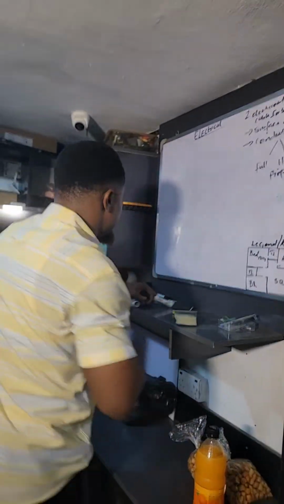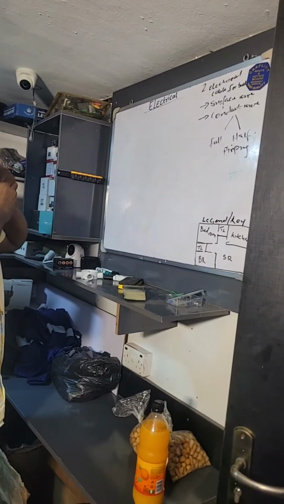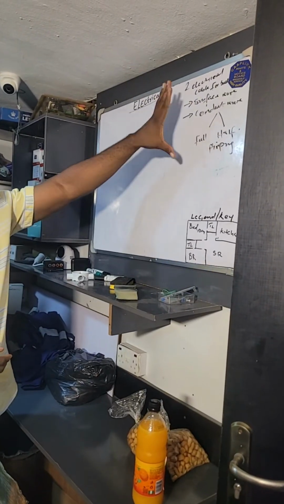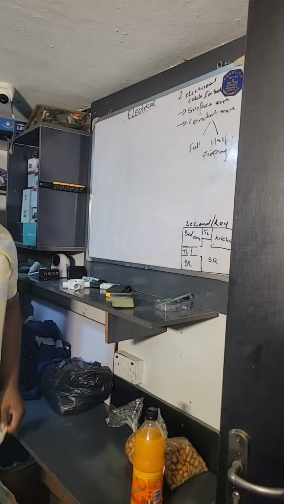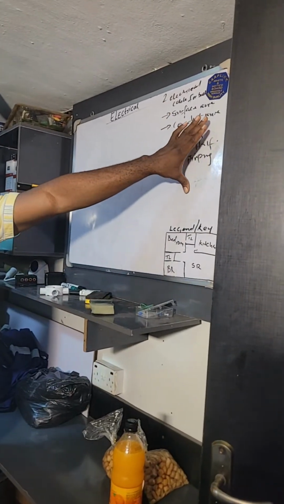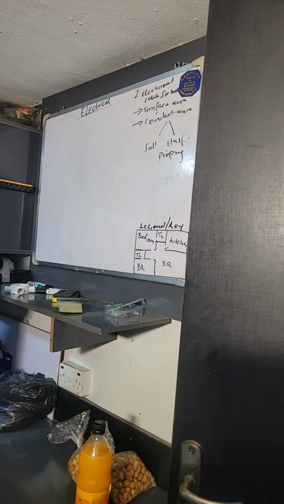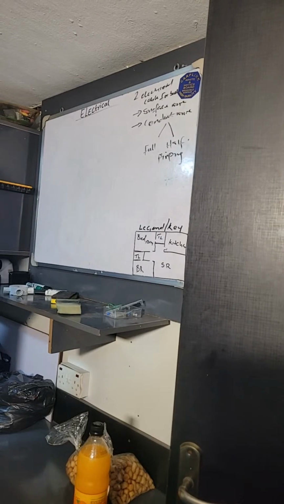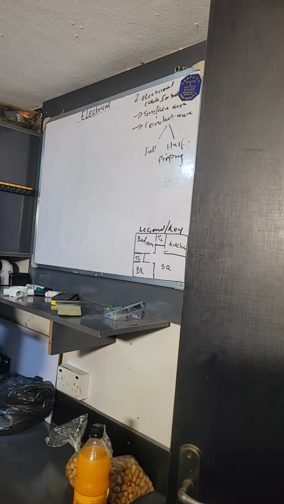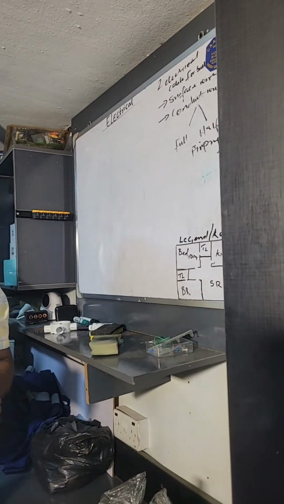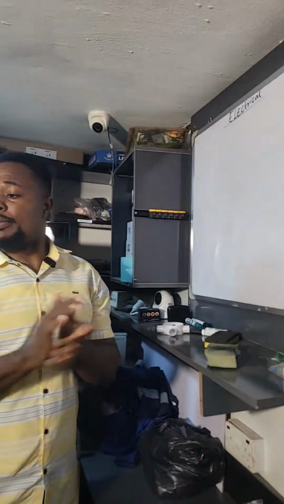So if you are trying to do an electrical line, the surface wiring is the ancient type of wiring, the first model of wiring that came before this one. You get the point now.